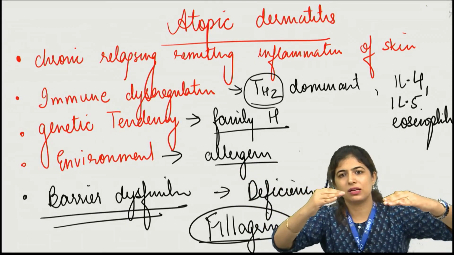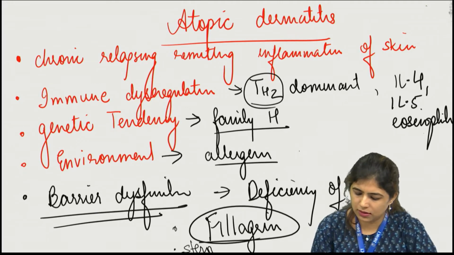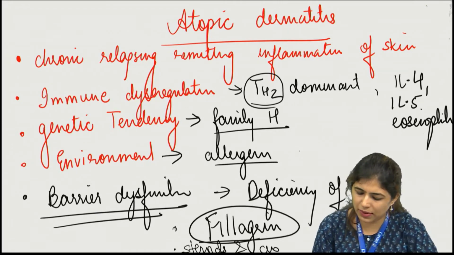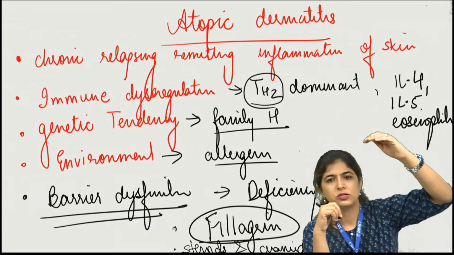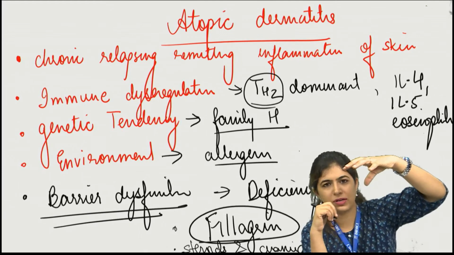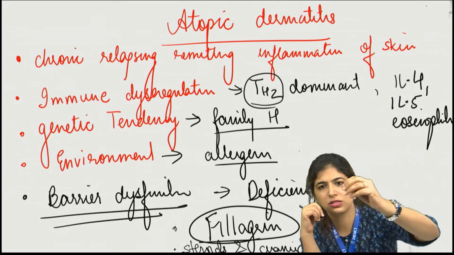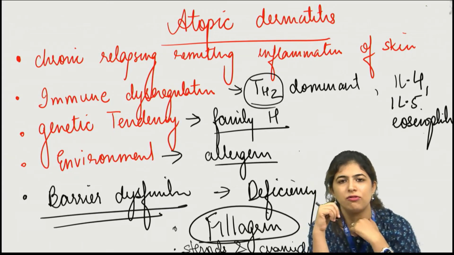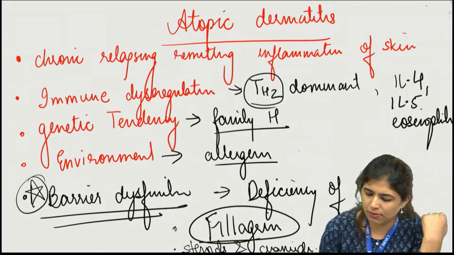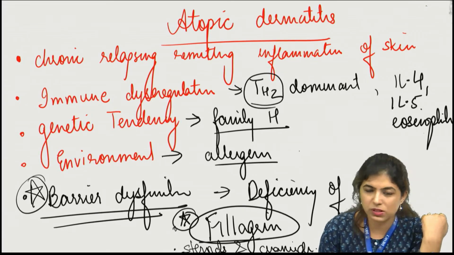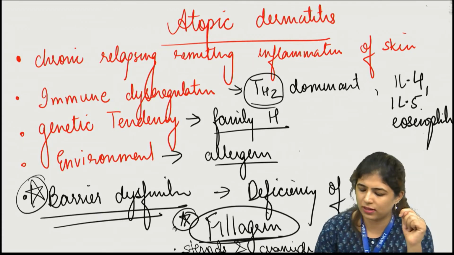If filaggrin is deficient, steroids and ceramides, which are the oils, are deficient. The stratum corneum barrier will be defective. Environmental allergens will enter the skin and cause inflammation. So the most important point here is barrier function, hence the most important question: deficiency of filaggrin.